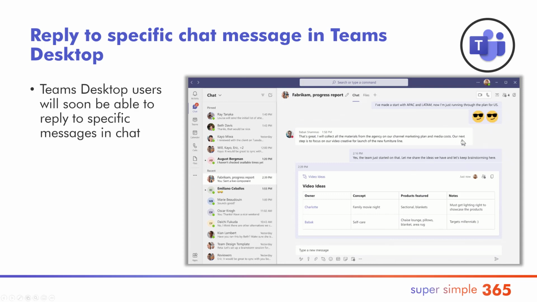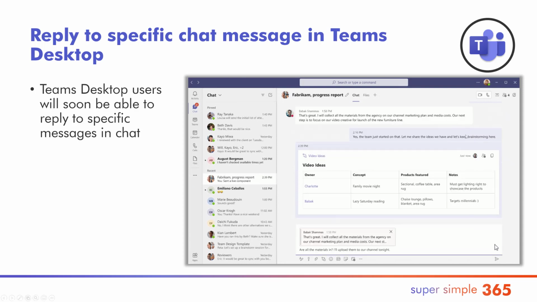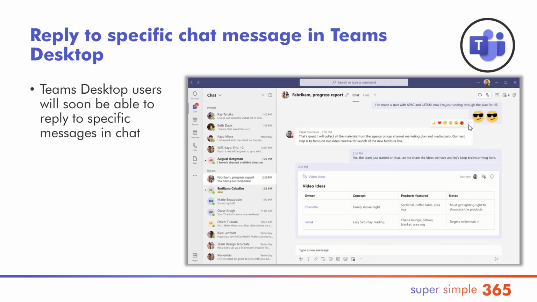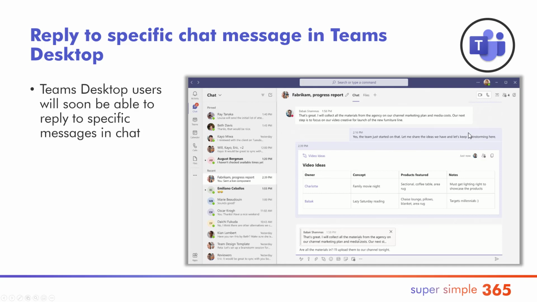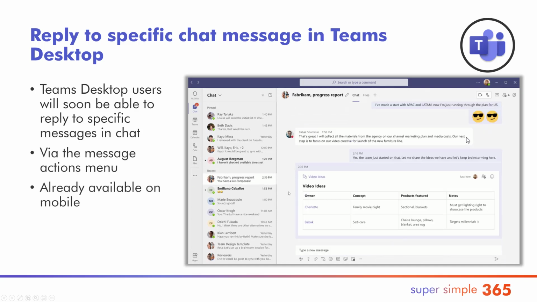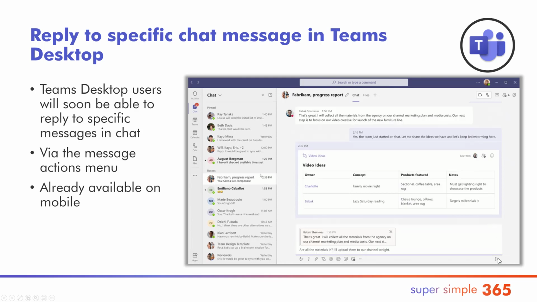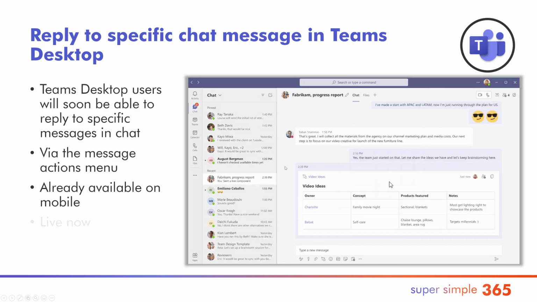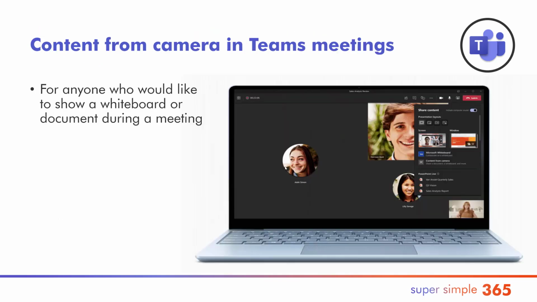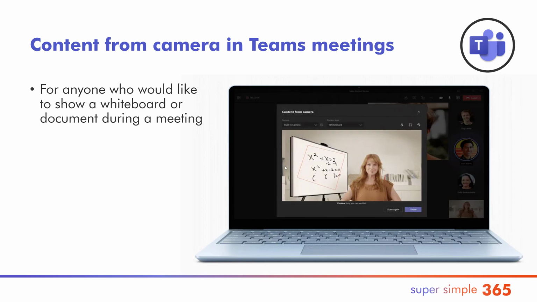If we have a quick look at the image on the right hand side here, we are clicking the ellipsis next to a message, and then we're clicking reply, and we type our message and send it. It makes it really clear what you are talking about. So you can see it's accessed via the message actions menu. You might already be used to this on mobile, but it's live now, folks. Go and check that out. It makes it just a little bit clearer what you're referring to when you are chatting.